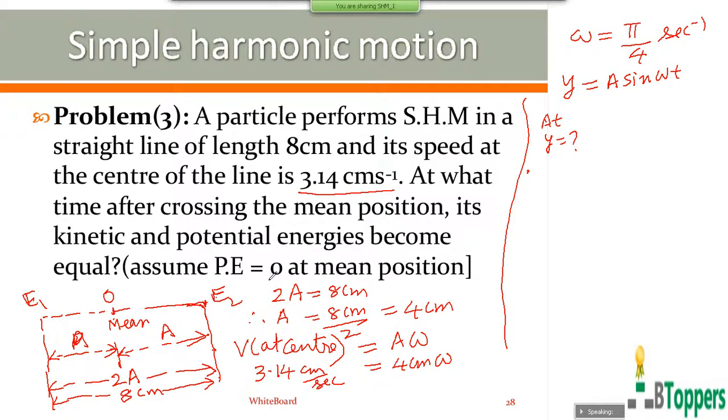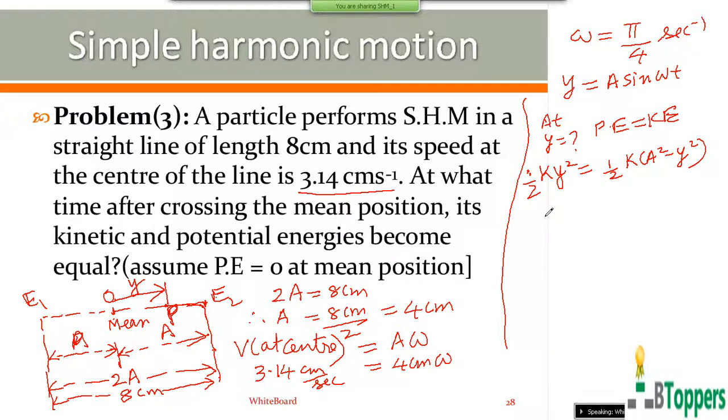So if you take the potential energy at the mean position to be 0, then the potential energy of the particle at a point P in its path, at the instant when it is a distance y from the mean position, is given by half k y square. And the kinetic energy of the particle at the same point P is given by half k into a square minus y square, where k is the force constant of oscillation. You have to find the value of y at which the potential energy becomes equal to the kinetic energy.